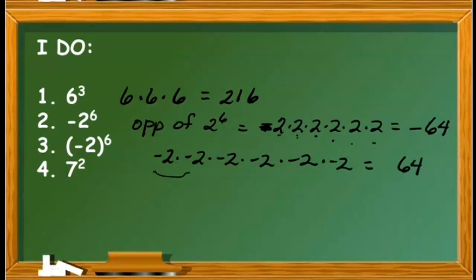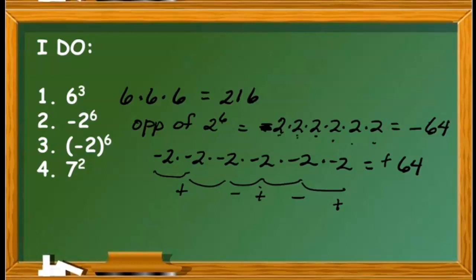remember that a negative times a negative is a positive. And then a positive times a negative is going to give you a negative. And a negative times a negative, again, is a positive. Negative times positive, or positive times negative is negative. And a negative times a negative is positive. And so in this case, this one will be a positive 64.